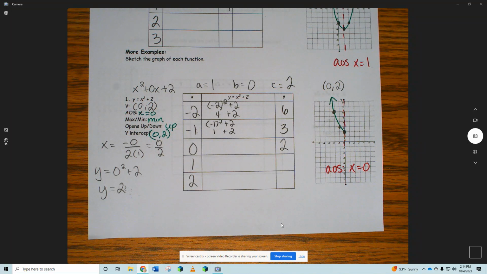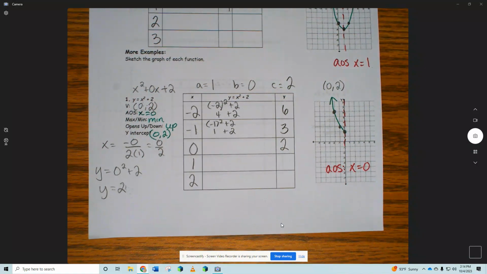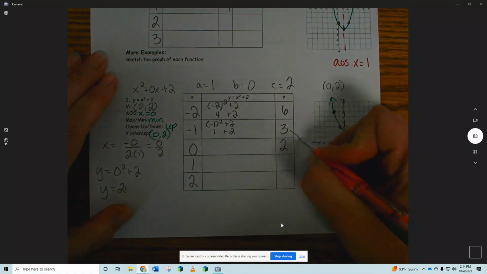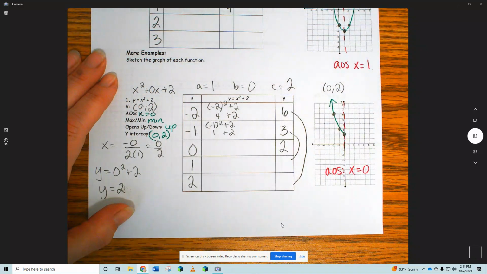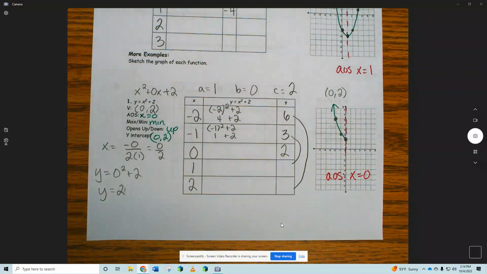Got the other half? And you know what else I did last year that I'm going to just remind you of? Do you remember this? How things would match up? It has to match up because it's a mirror image of itself.